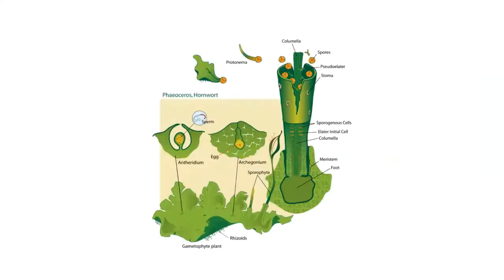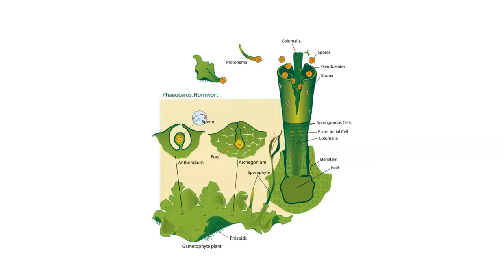And now I'm coming to the last part of this life cycle, which is referred to as alternation of generation. In the life cycle of Anthoceros, we have recognized two important generations or two phases. We began with the gametophyte.